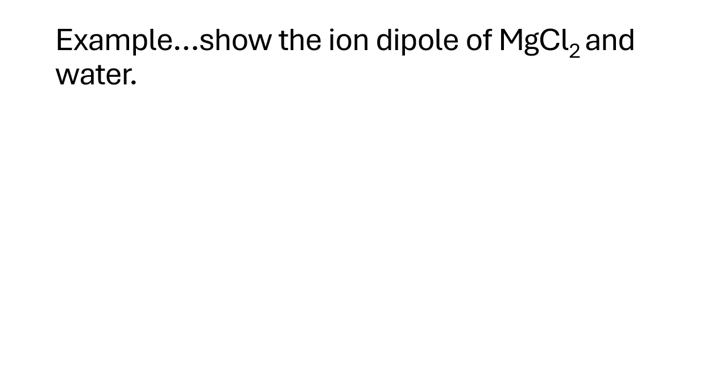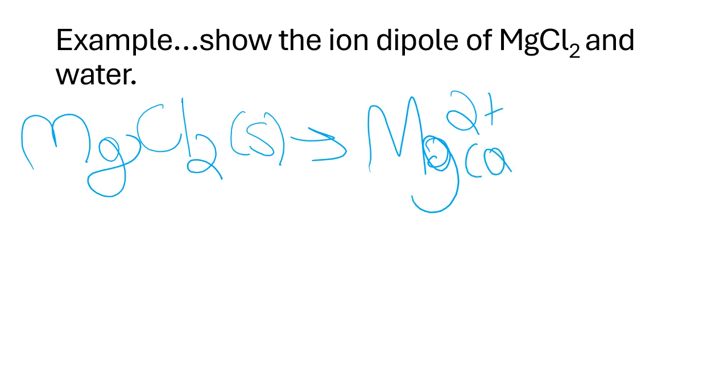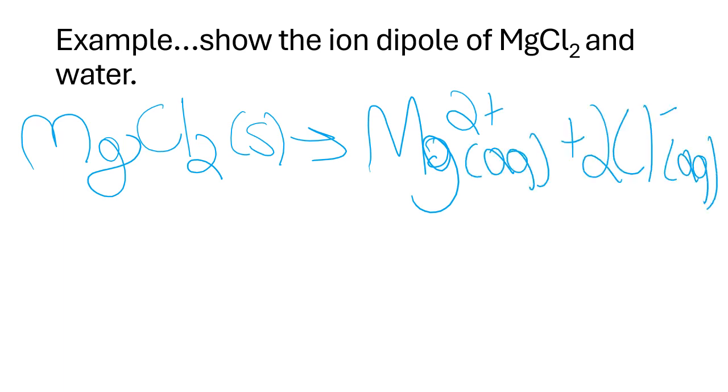So let's show ion dipole moments for MgCl2 and water. If we had to write the dissociation reaction for MgCl2, if you don't know how to write these, look at past notes or videos. We have this dissociation, and then magnesium is going to be small.